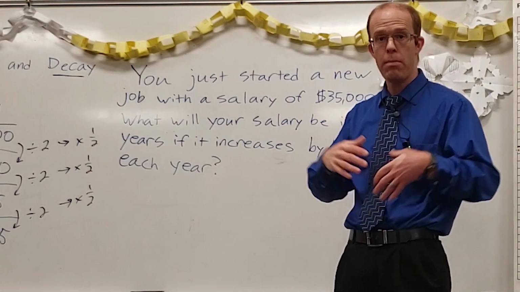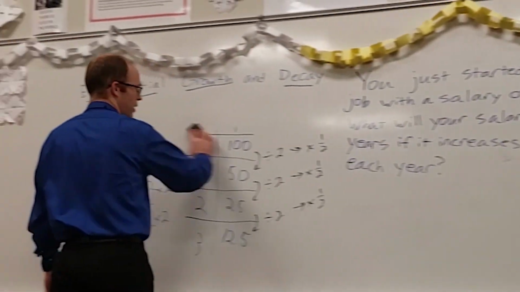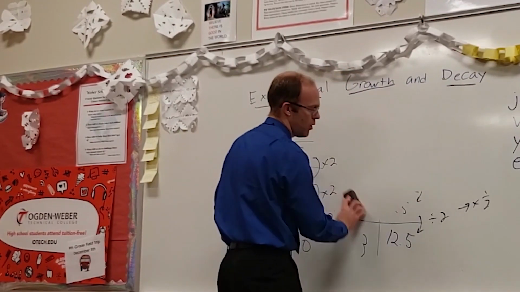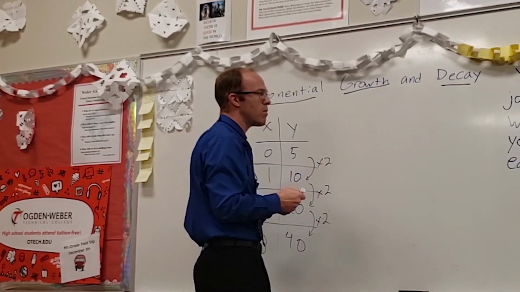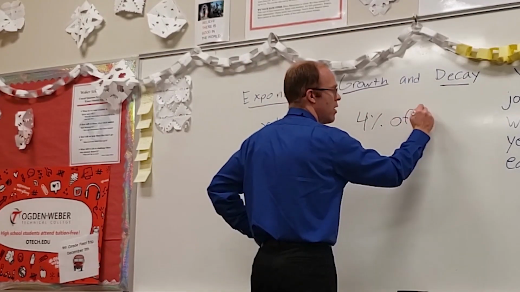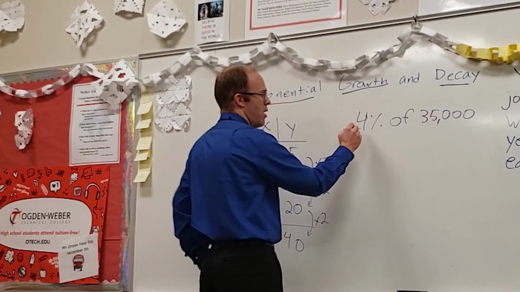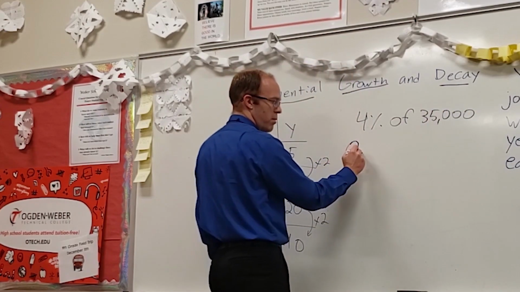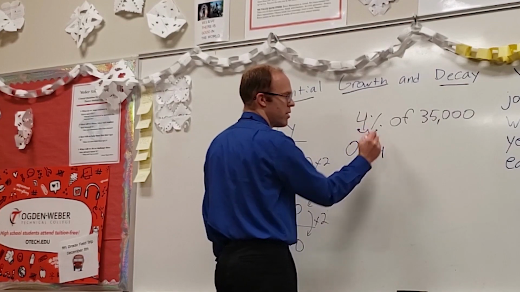Typically, when people are doing percents, I see them doing calculations that look something like this. We figure out 4% of $35,000, and we write 4% as a decimal. That would be 0.04. Move that decimal over 2 places.